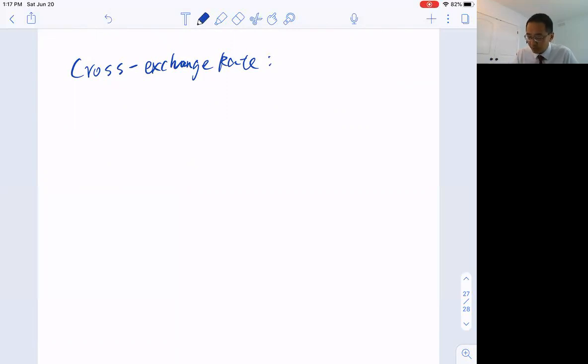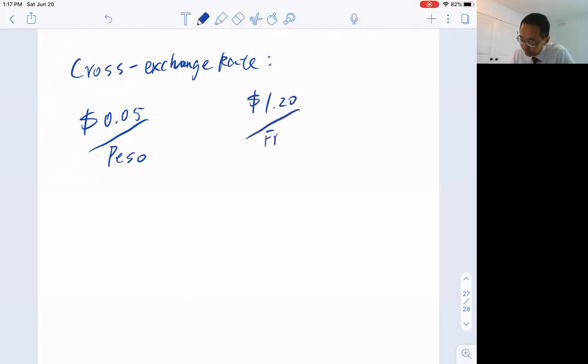But you know that for pesos, let's say it is 5 cents per peso, and for francs, let's say it's about $1.20 per Swiss franc.